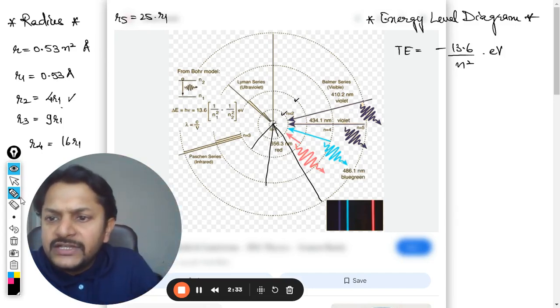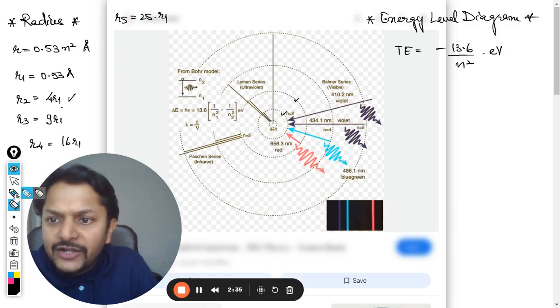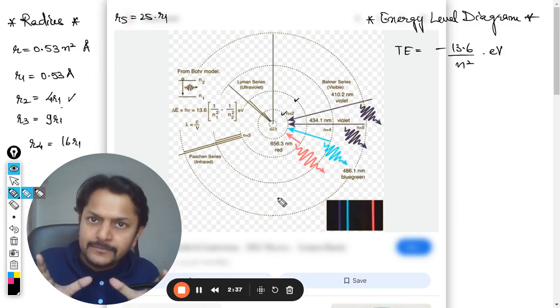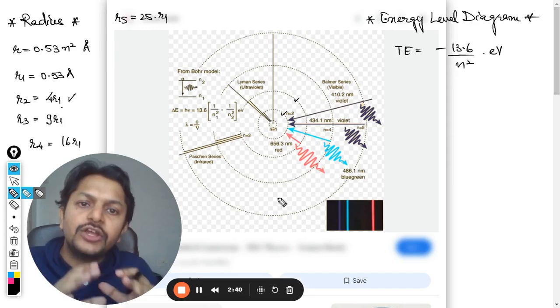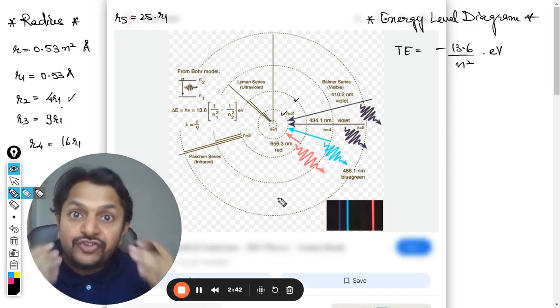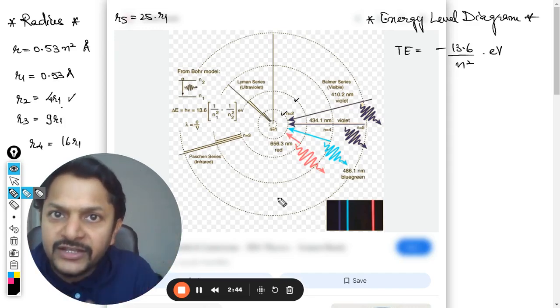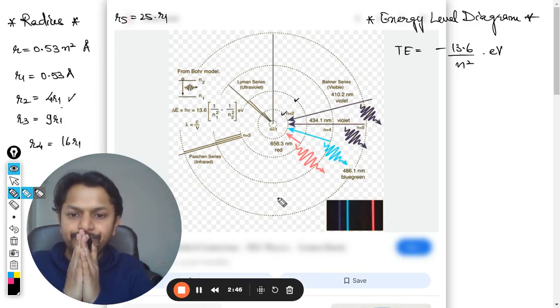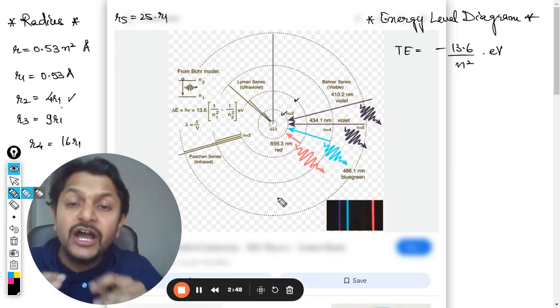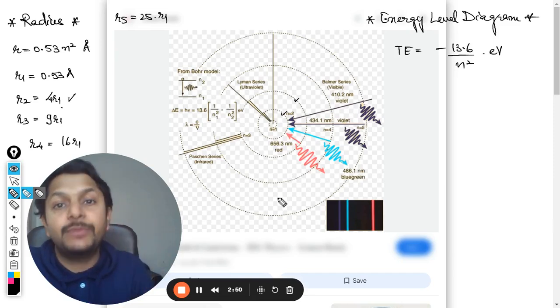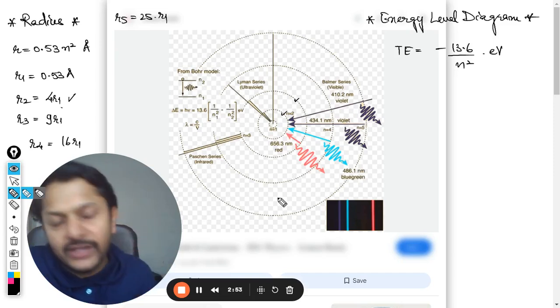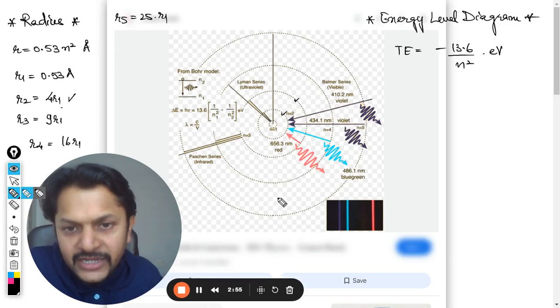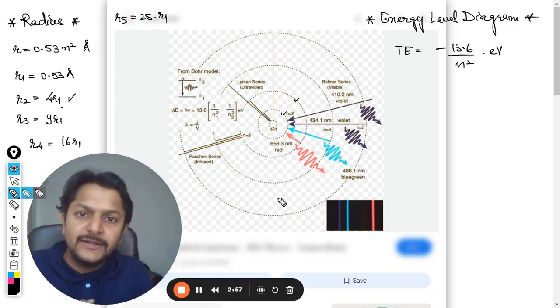So this is how the atom should actually look. It's not about the energies now, it is literally about the radius of the orbits. How does the atom look? Clear? So this is how the atom looks.